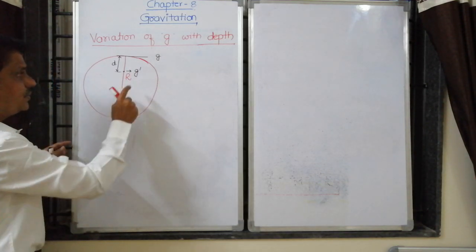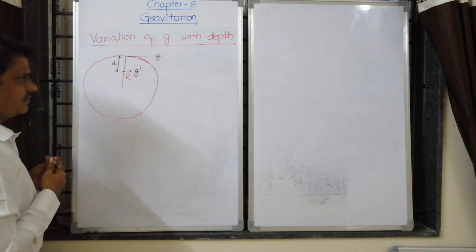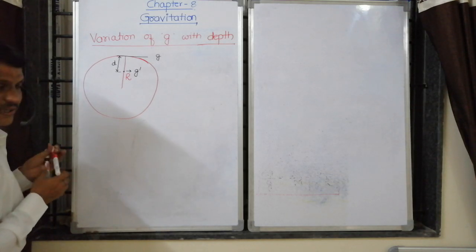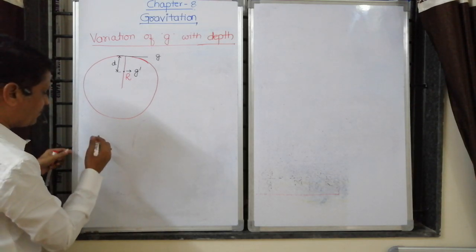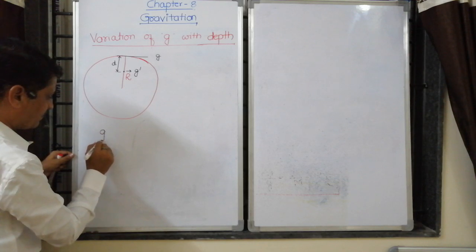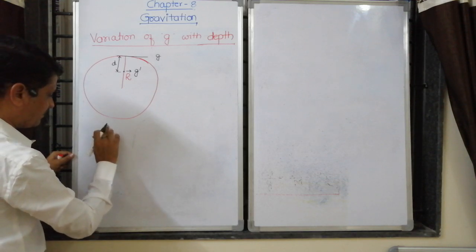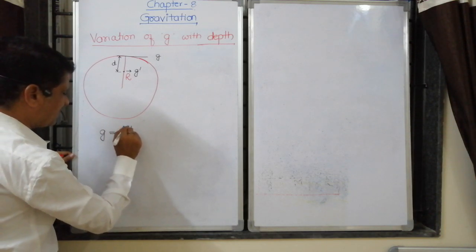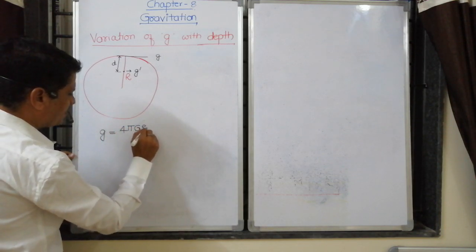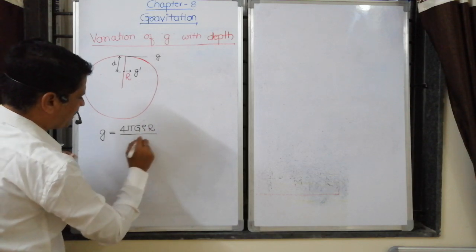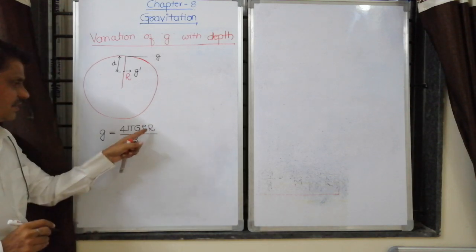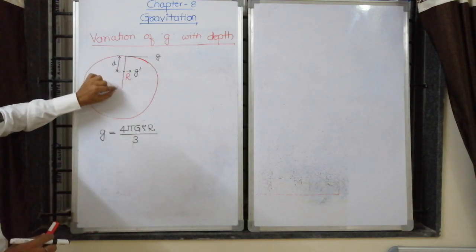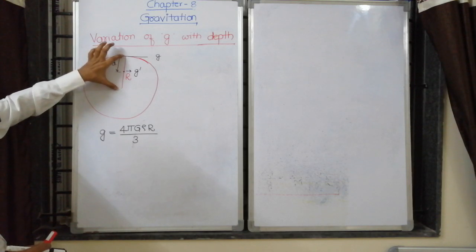Now to calculate the value of g dash here, hope in the previous class I derived value of g in terms of density. That is g is equal to 4 pi G rho r by 3. Here r means it is the distance from the center to the given point.